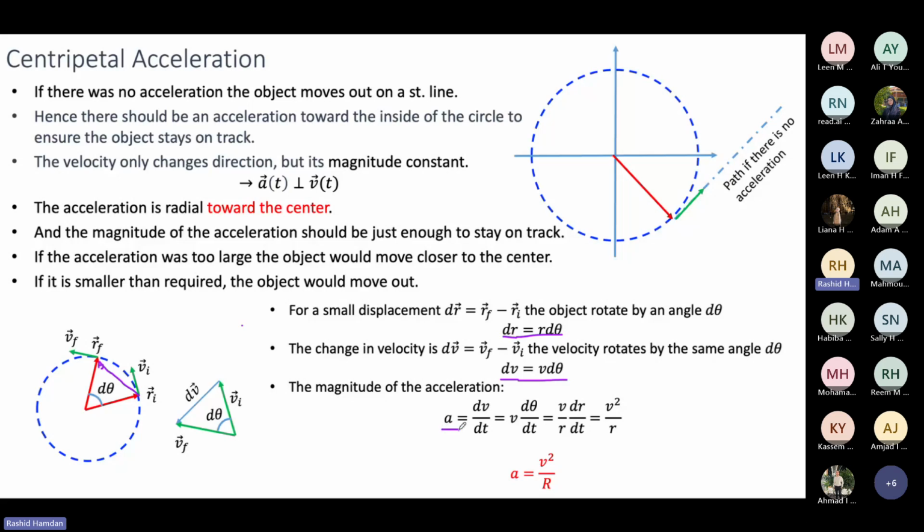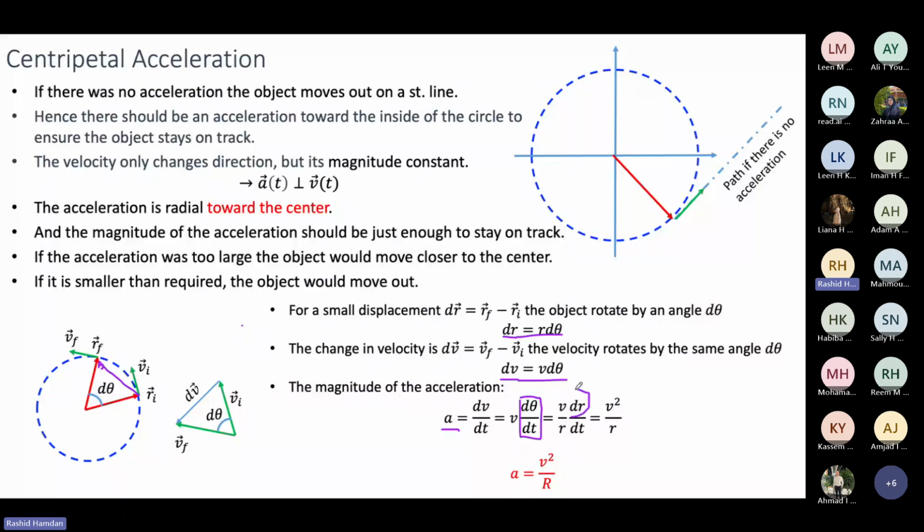So the acceleration is dv by dt. So dv is v d theta, but d theta by dt again is, here I can replace d theta from here. So d theta I can replace with dr over r.